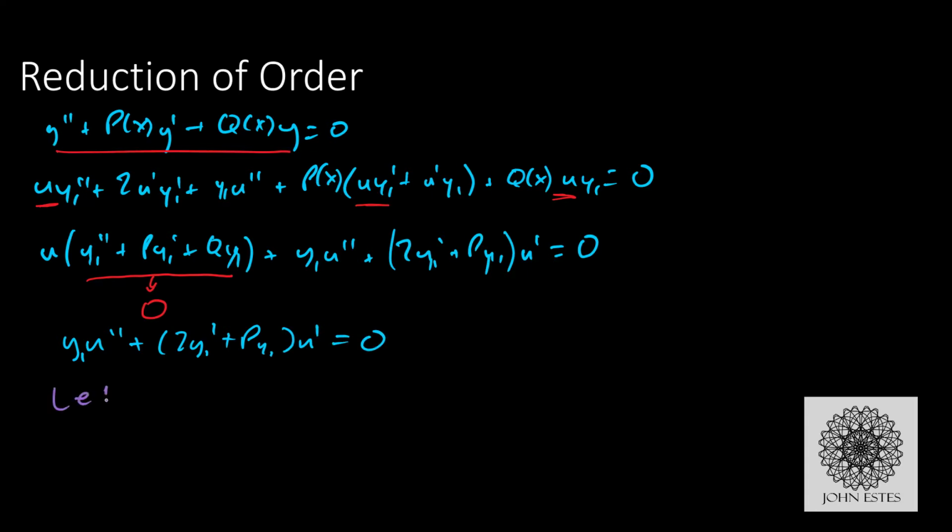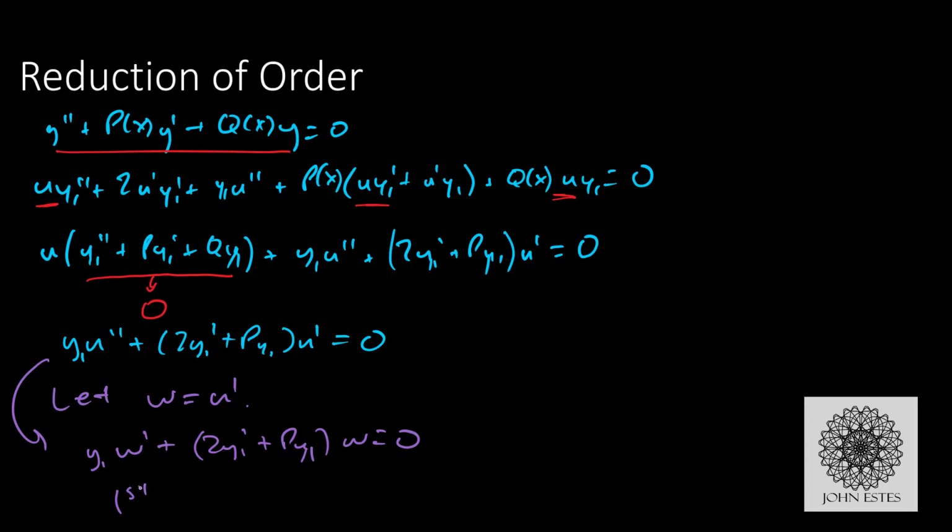We're going to let w be a new expression. We're going to let w be u prime. So then my equation becomes y1 w prime plus 2y1 prime plus p y1 times w equals 0. And this is why we call it reduction of order. I now have a first order linear equation.